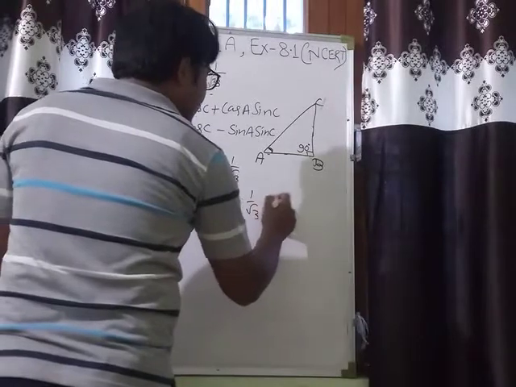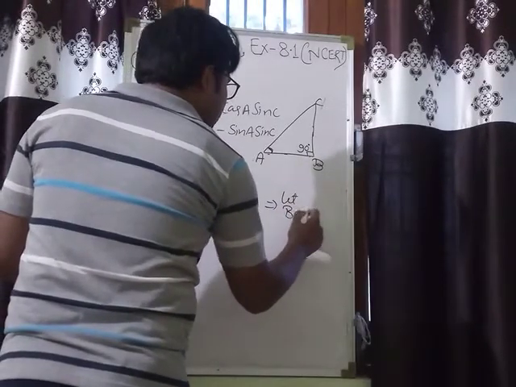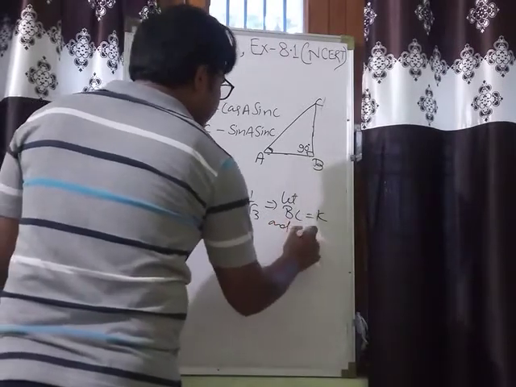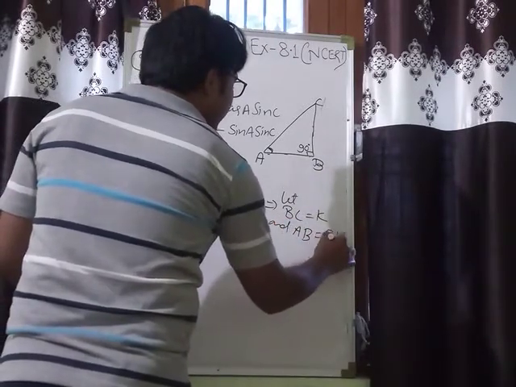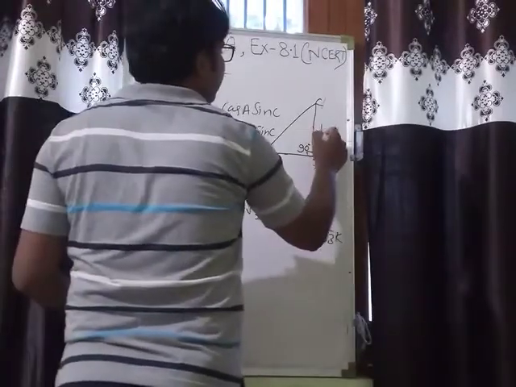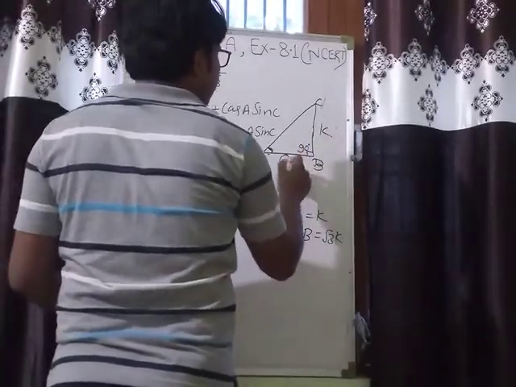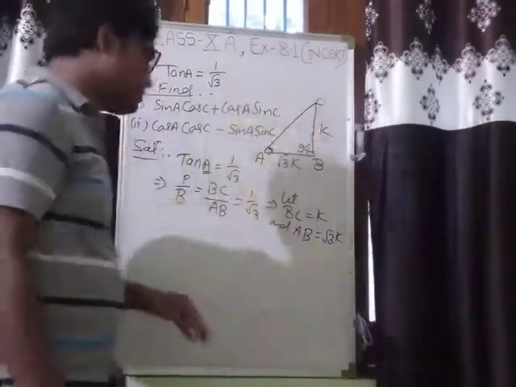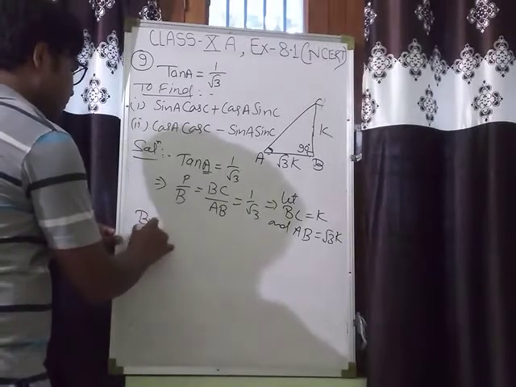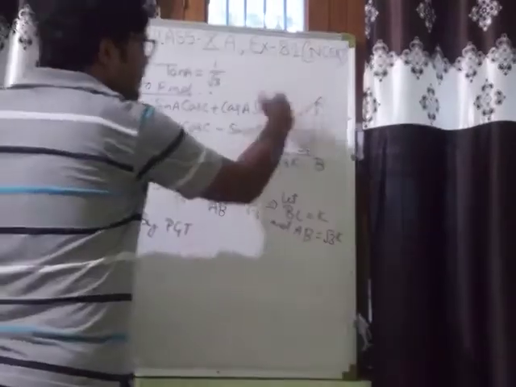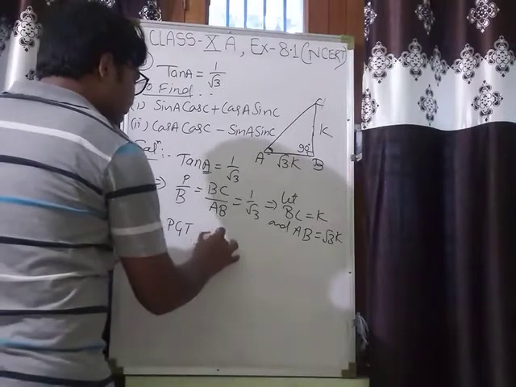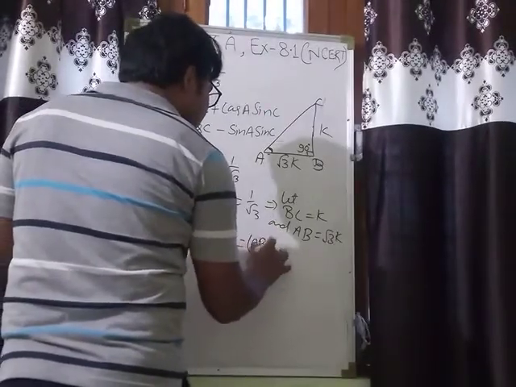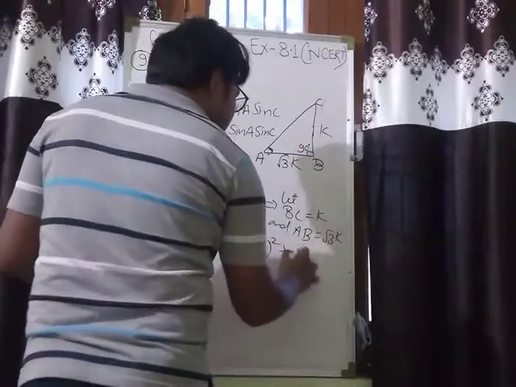So from here, let BC be K and AB be root 3K. Now by using the Pythagoras theorem, find AC. In this right triangle, AC square is equal to AB square plus BC square.